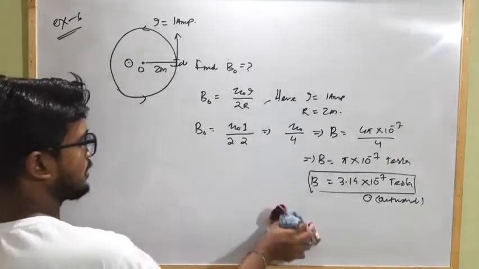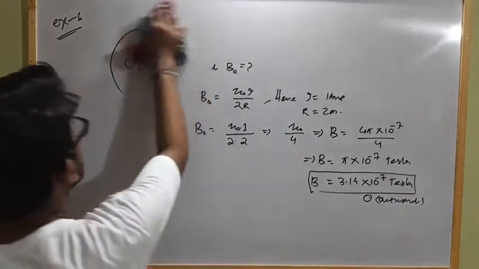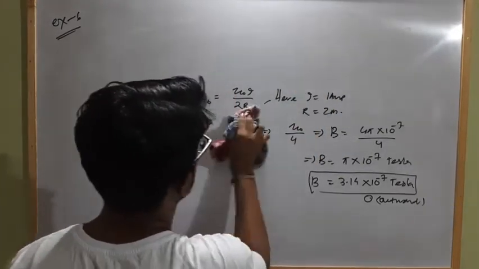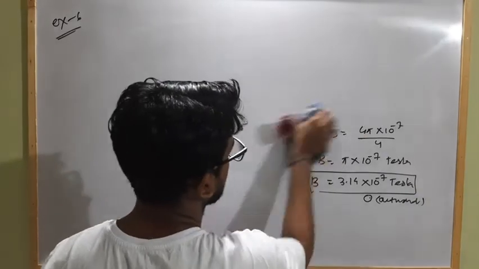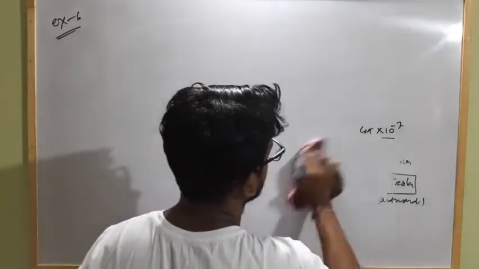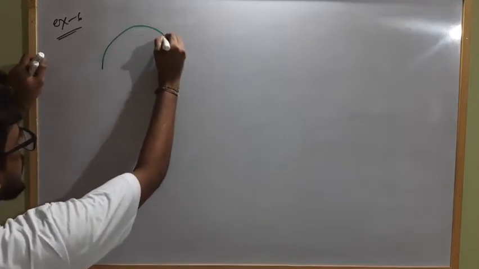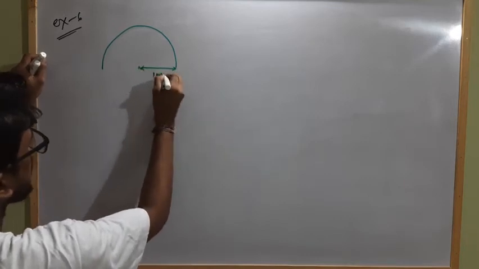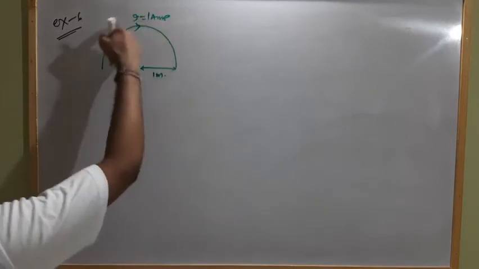Okay, next question. Here it is a semicircular arc of radius 1 meter and current I equal to 1 ampere is flowing in a clockwise sense.